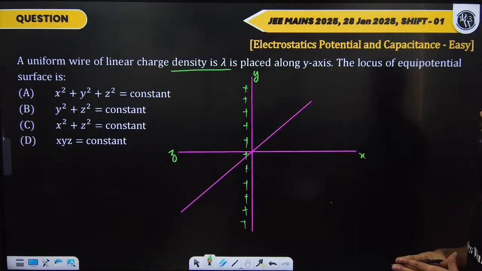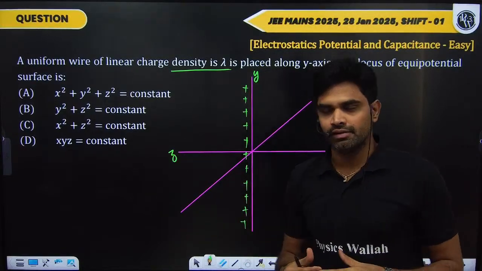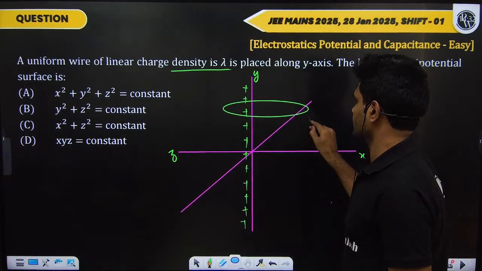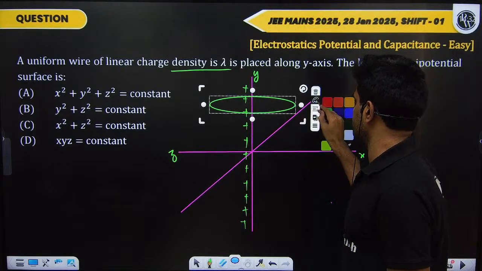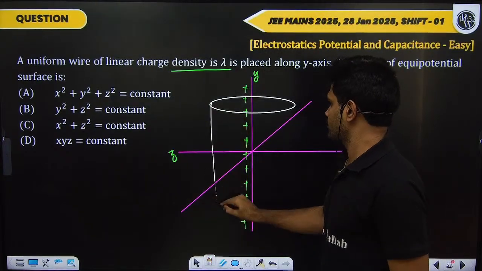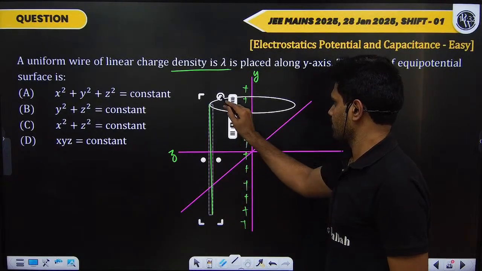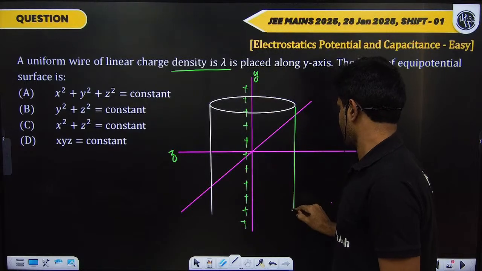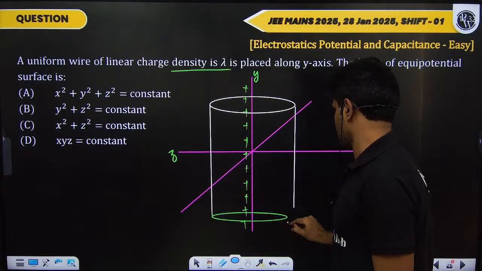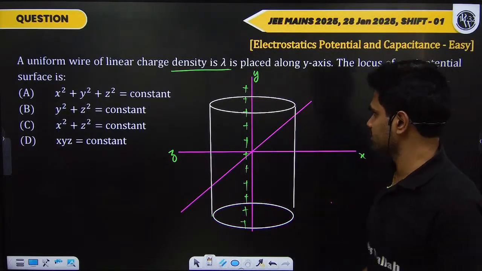They are asking what is the locus of equipotential surfaces. We know that the electric field is going to have cylindrical symmetry, like this.